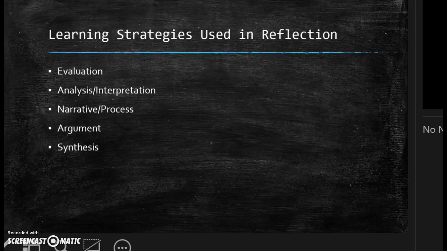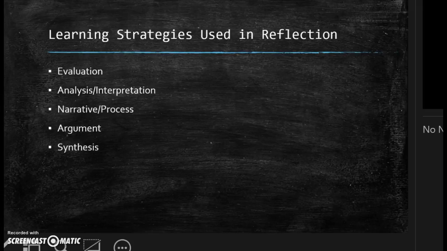Now, the learning strategies that are used when you write about these showcase artifacts. First of all, you're evaluating yourself and your skill in a particular general ed core skill outcome or program outcome.